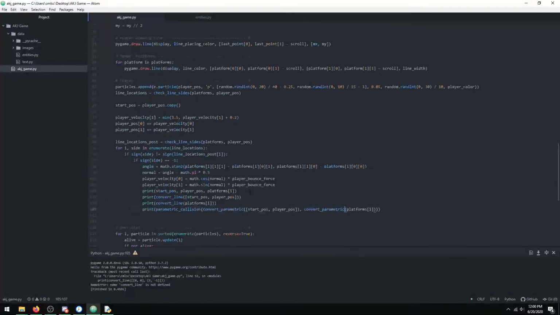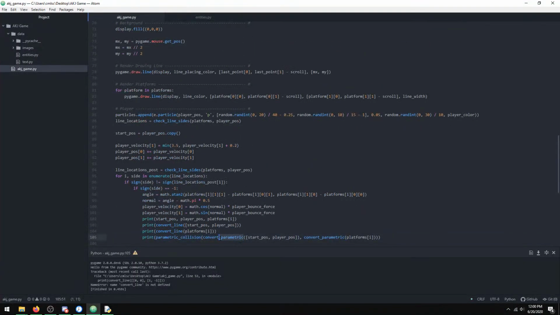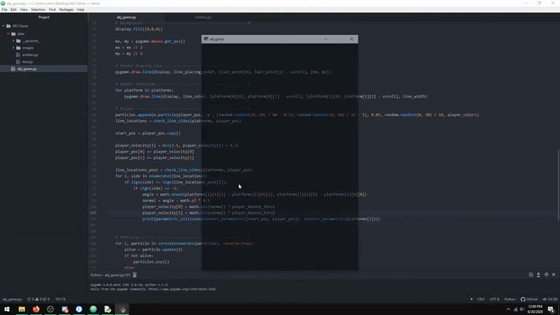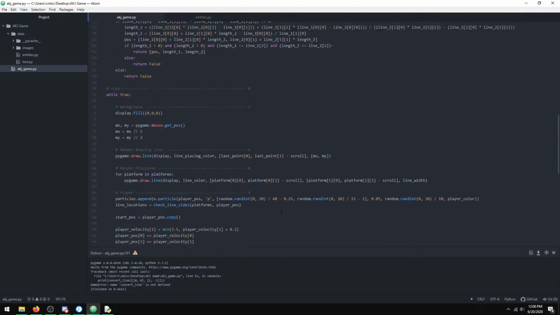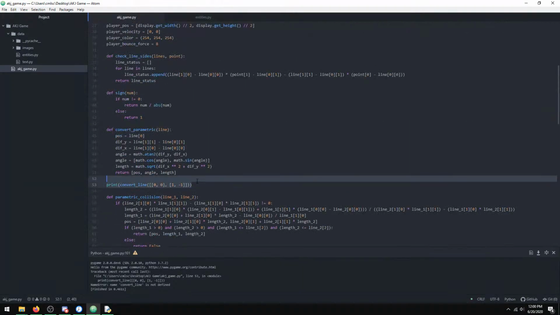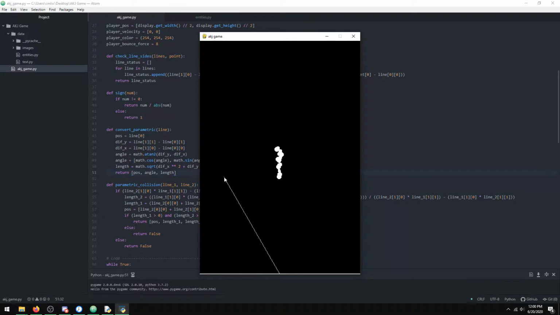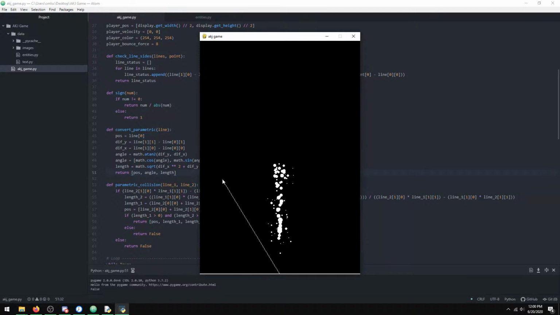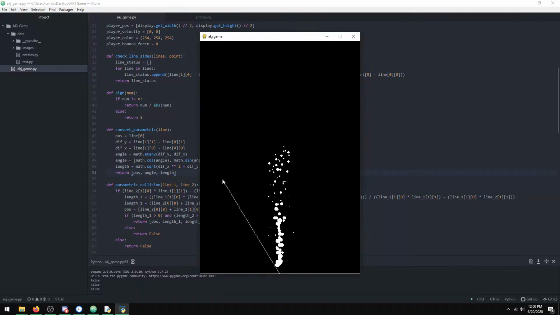Well, no, it's convert parametric. I'm gonna take out these. Let's see. Where am I still? It's still saying false.